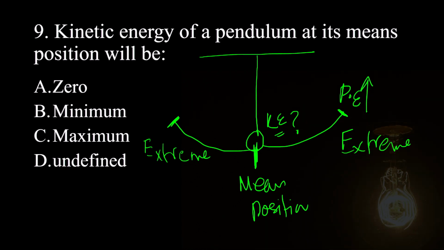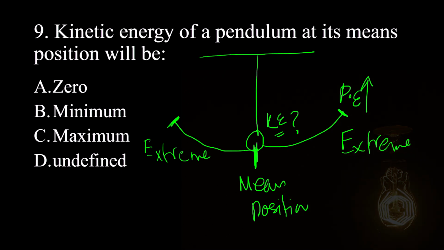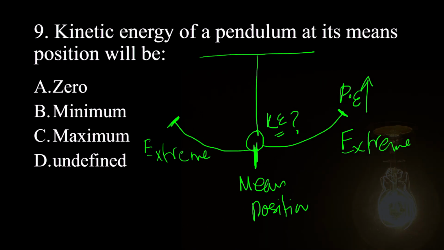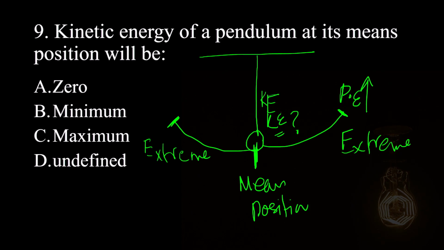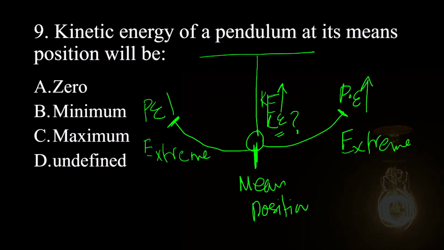This transformation between kinetic and potential energy occurs as the pendulum oscillates between its mean and extreme positions. So at the mean position, kinetic energy is maximum because the velocity is maximum, and at the extreme positions the potential energy is maximum. They have asked for the kinetic energy, so option C is correct.